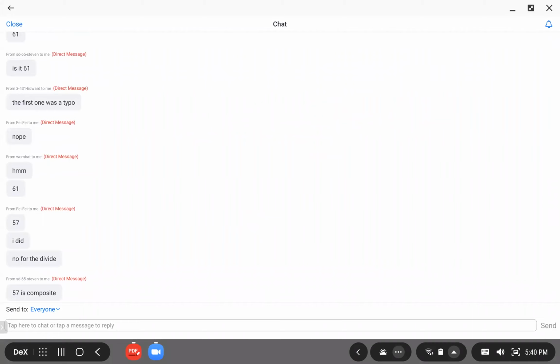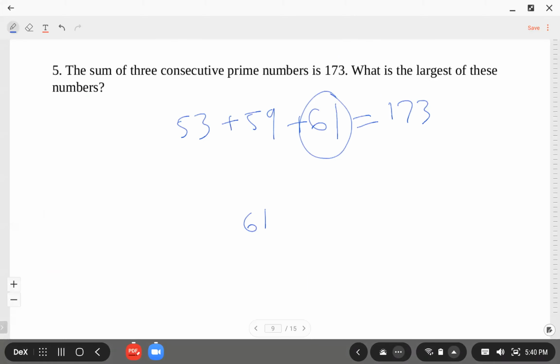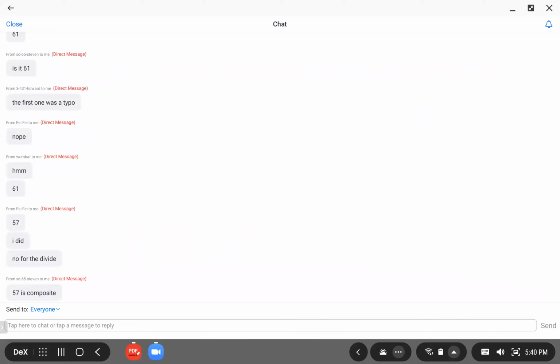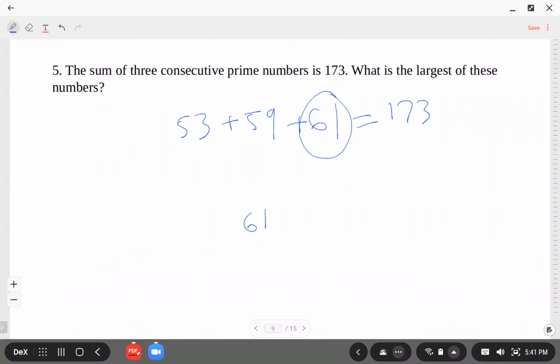Yeah, 57 is composite, but Fei Fei was referring to dividing 173. Yes, 57 is the closest, and then you branch out from that. So that is going to be the fastest way you can do this problem, and there are a lot of prime number problems like this, so make sure you do it the most efficient way, the fastest way.